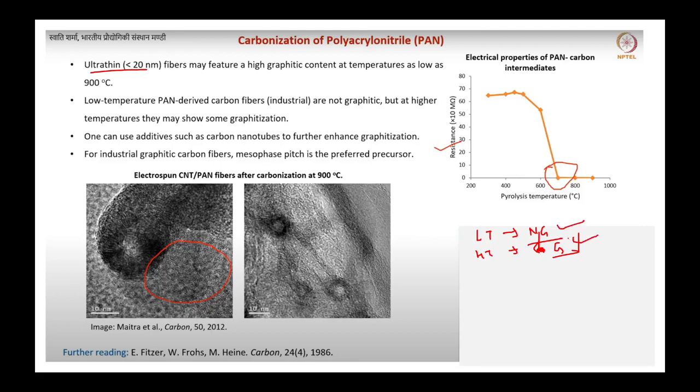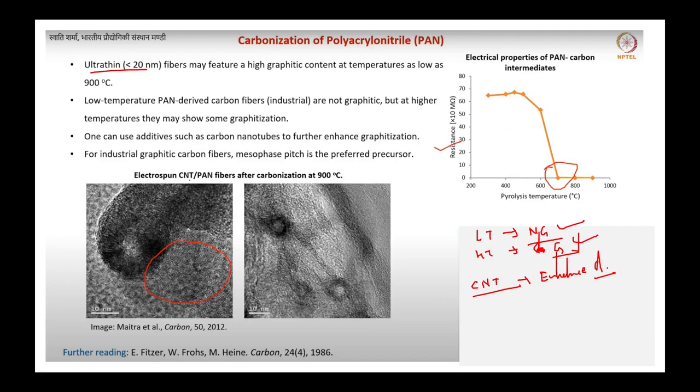One can use additives such as carbon nanotubes to further enhance graphitization. So CNT is a material that can enhance your graphitization. Also, for industrial graphitic carbon fibers, mesophase pitch is preferred as a precursor.